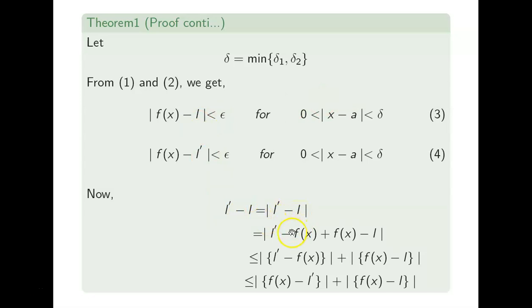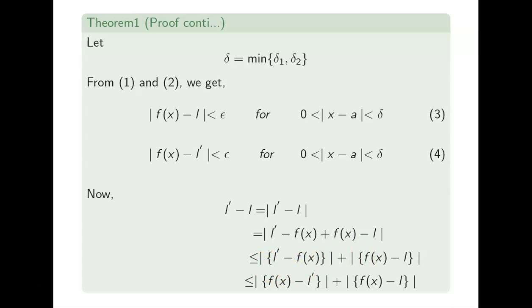And here, in the next step, what we do is subtract f(x) and add f(x). Now, write these two terms in a bracket and write the last two terms in a bracket. Here we are applying the triangle inequality.